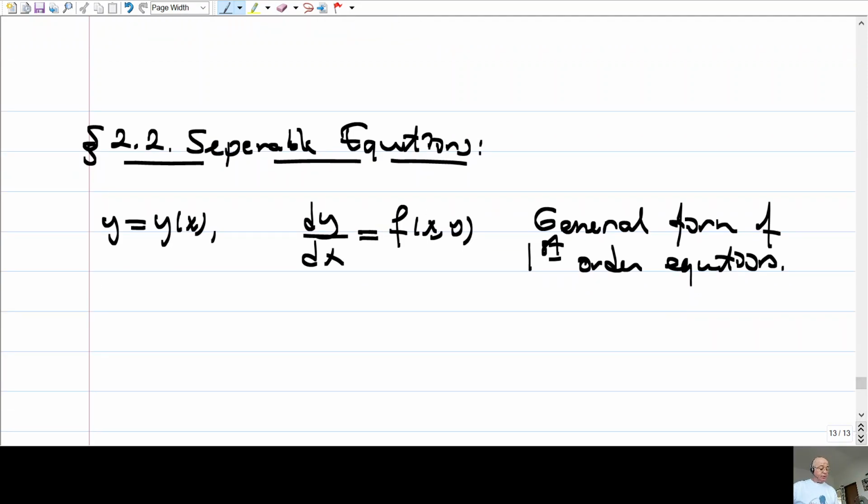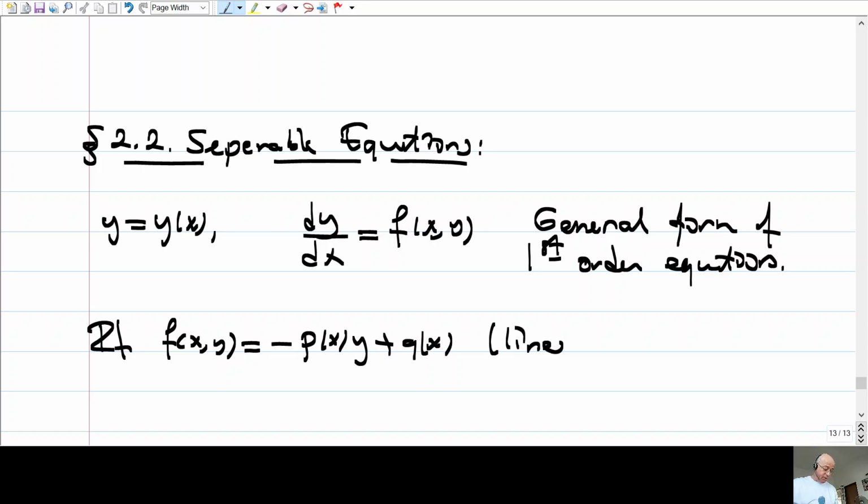For example, the linear equation we have studied above corresponds to what? If this f(x,y) has the following form, let's say minus p(x) y plus q(x), kind of linear expression, linear in y, okay.